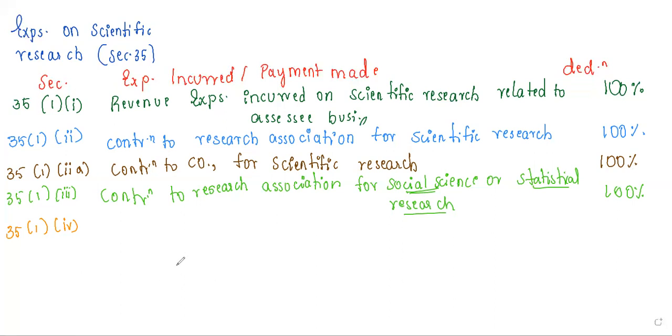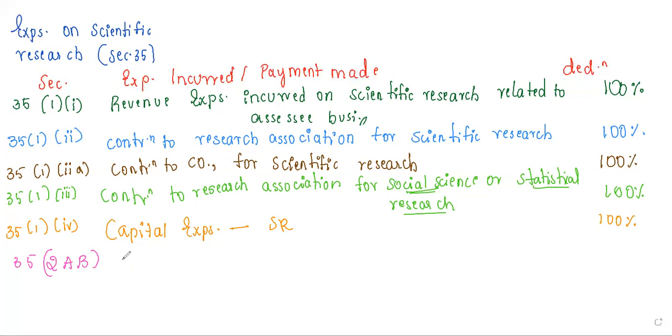And then we have 35(1)(4), which tells about capital expenditure. So capital expenditure here, if it is again on scientific research, it is 100% deduction. And then, last but not the least, that is 35(2), subsection 2(a)(b).